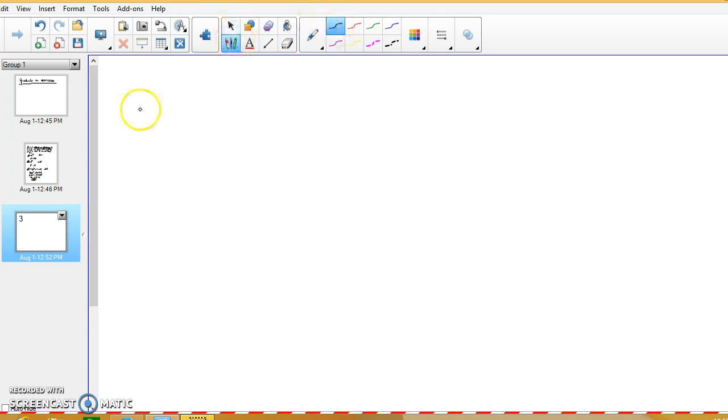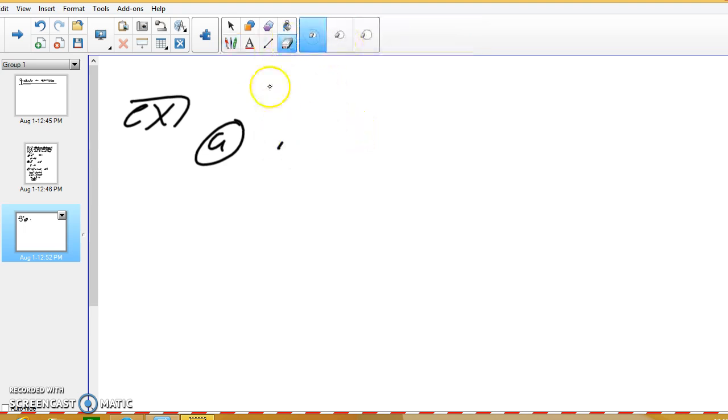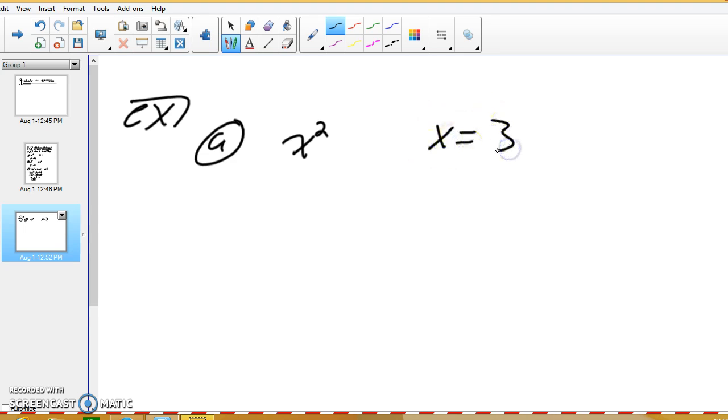Okay, now I'll just give you guys an example and see what you guys come up with. So let's say for the first one, x squared, given x is equal to 3.